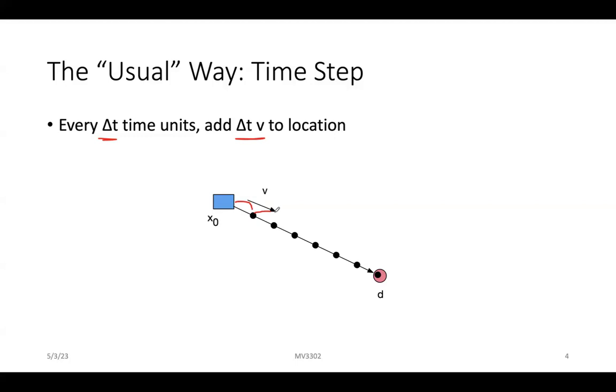The next time step, we jump over and go here, and so on. So if we want to move to a particular destination, we hop along like this with our time units, and after a certain number of time steps, we reach our destination.